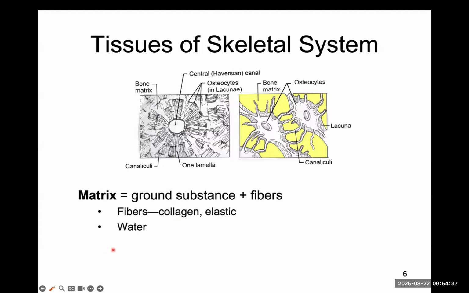Fresh bone is going to be wet. So it's going to have all these collagen, elastic fibers, water, and then proteins and carbohydrates. And when you combine those, you get something called proteoglycan. The word proteo stands for protein, and glyco means sugar.